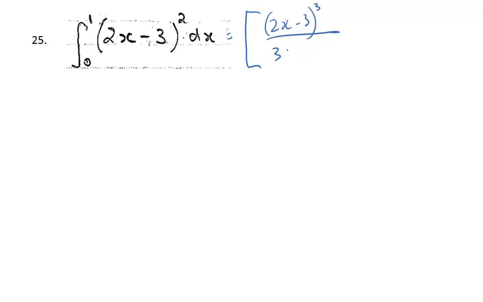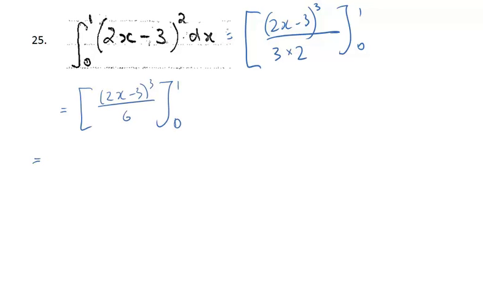And then we remember, when we go through, we're going to put our differential of our u in here too. So 2x minus 3 gives us divide by 2 here, between 1 and 0. So here we have 2x minus 3 cubed on 6 between 1 and 0.